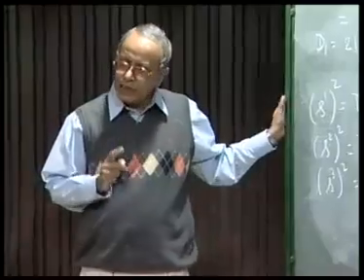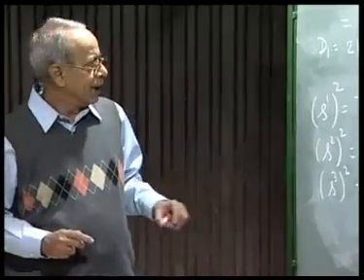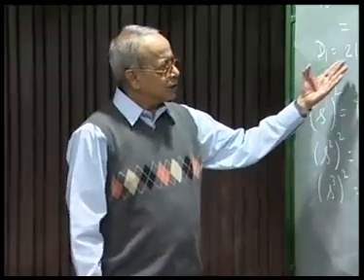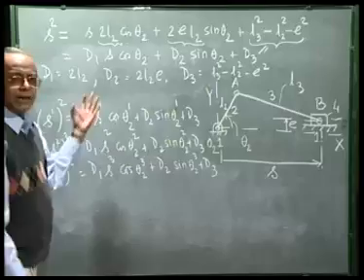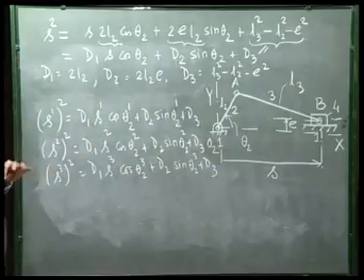As we have mentioned in case of the 4R linkage, both L2 and E may turn out to be positive or negative.